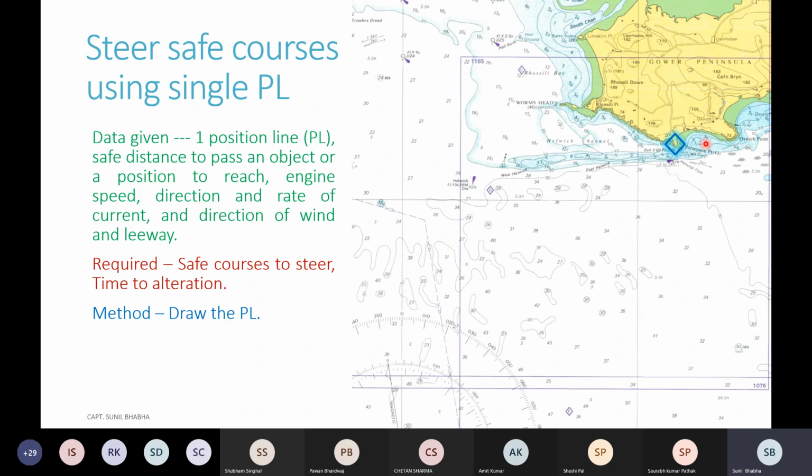Now, let's assume they have given us the bearing of a certain radar conspicuous object here. You can see this diamond on the chart. So they have given us the bearing of this particular object. Let's plot the bearing which is given. You can see the bearing line plotted here.